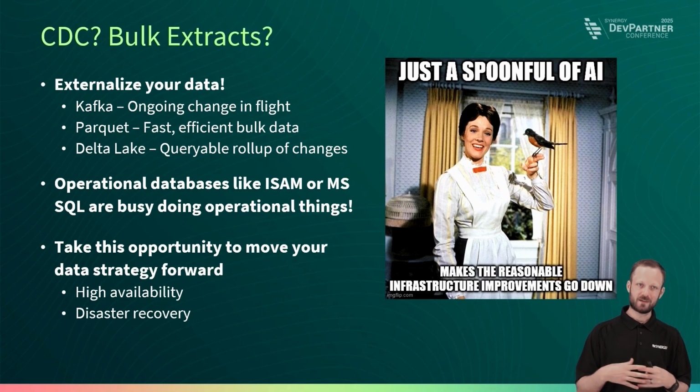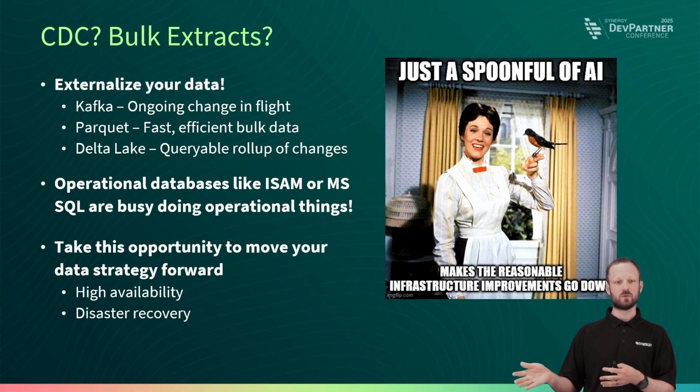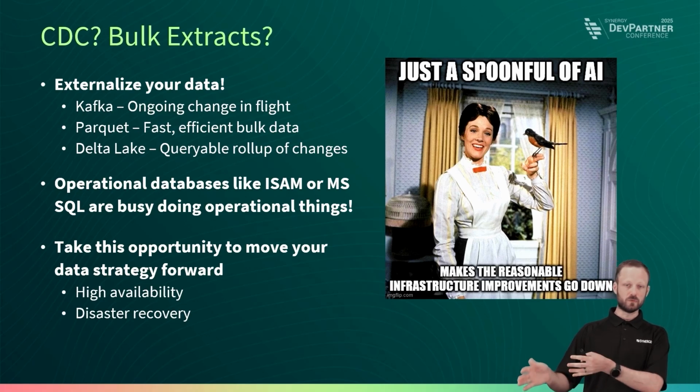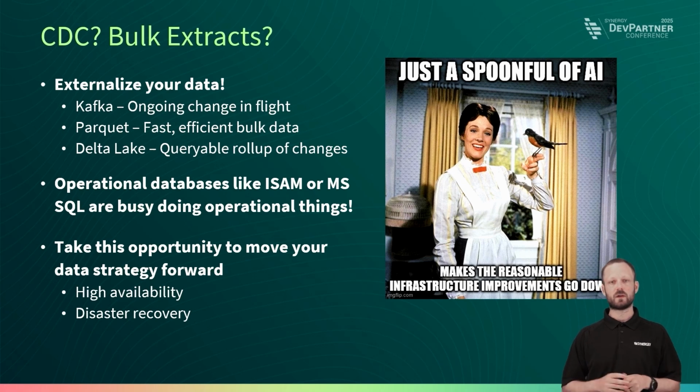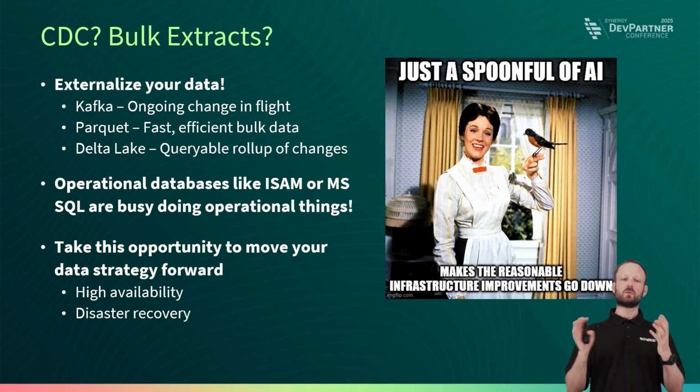At the end of the day, if you externalize your data, you're going to be able to position yourself for using that data in Gen AI or data sciencey type stuff, even though you're not actually having to do AI parts right there. You're just making it available so that AI stuff can come in and be useful when you're ready to do that. So this is the pre-work portion.